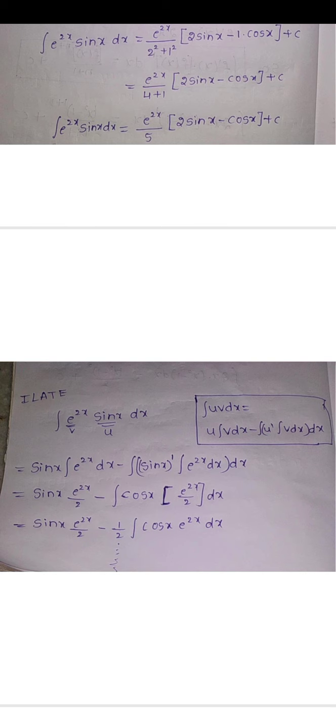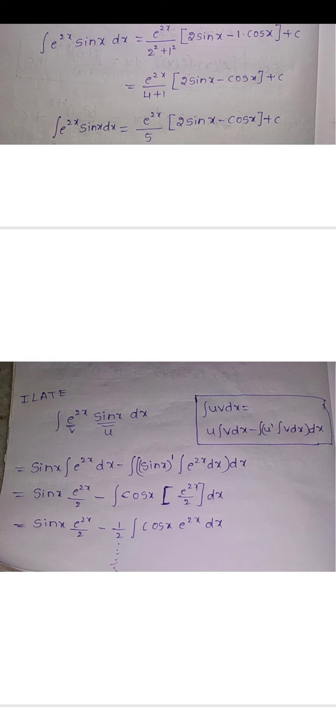Exponential 5. So the earlier one gets u and exponential will get v. So what is the formula? u integral v dx minus integral of u dash times integral v dx, whole dx. What is u here? Sin x, integral e power 2x dx, minus integral u dash, means sin x differentiation, integral v dx, e power 2x dx, whole dx.